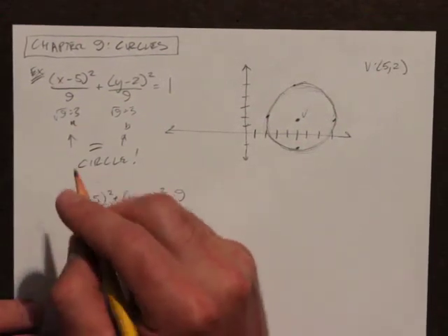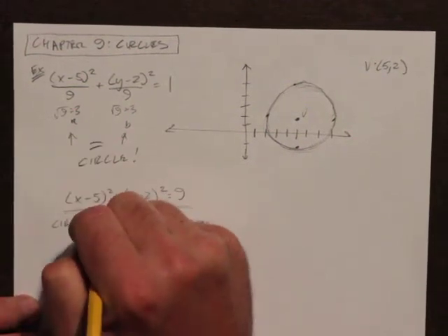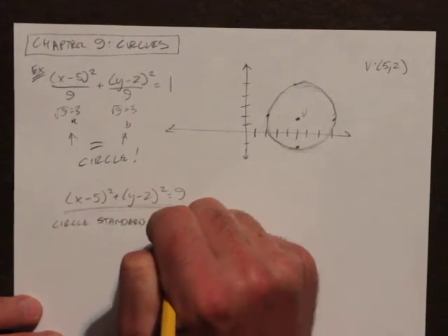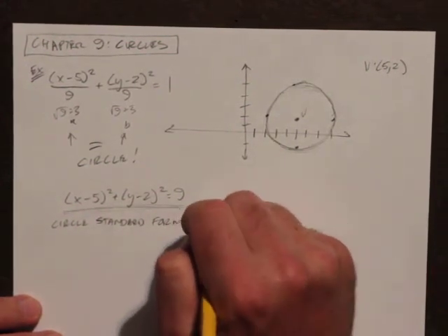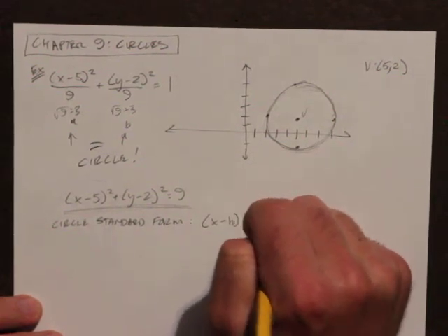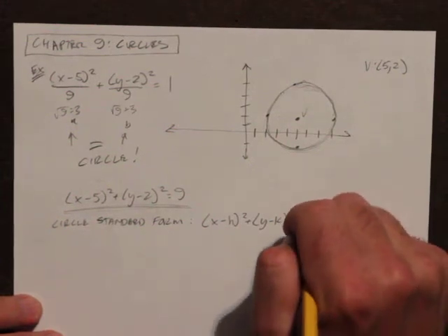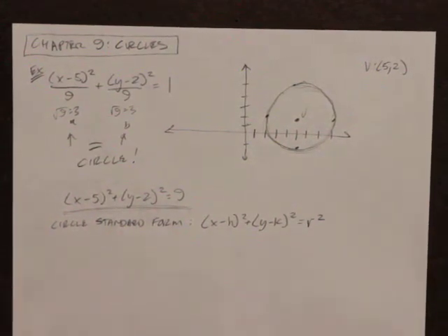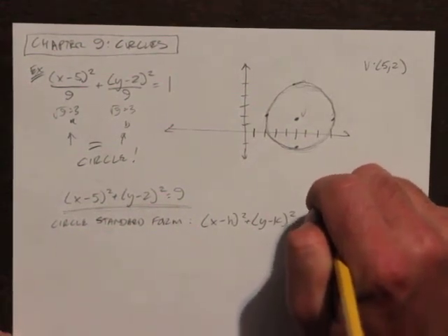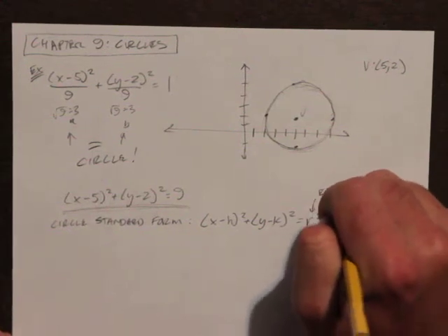The standard form of a circle is x minus h squared plus y minus k squared equals r squared. So this r refers to the radius of the circle.